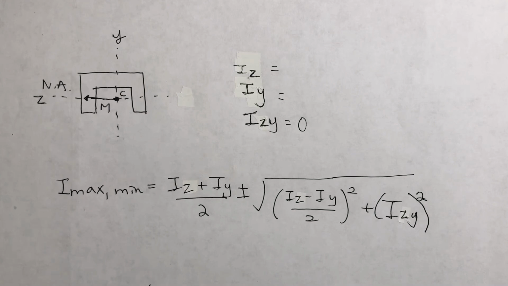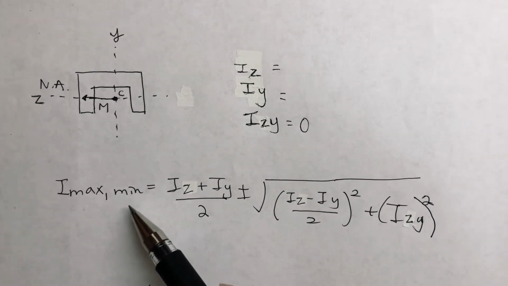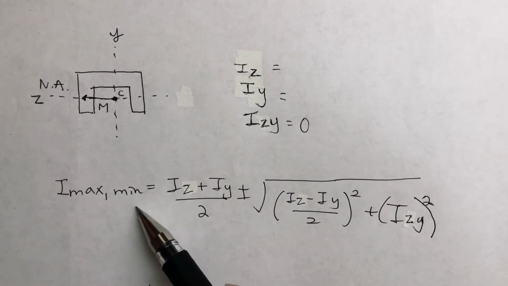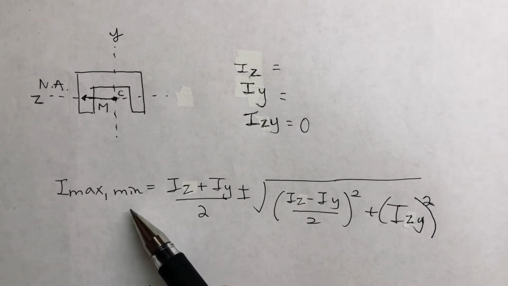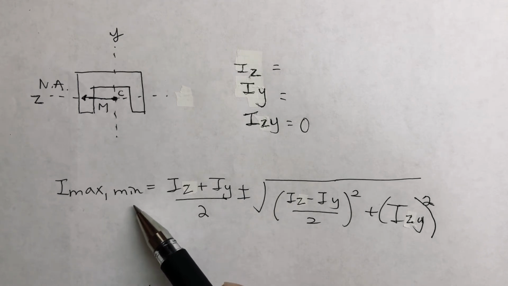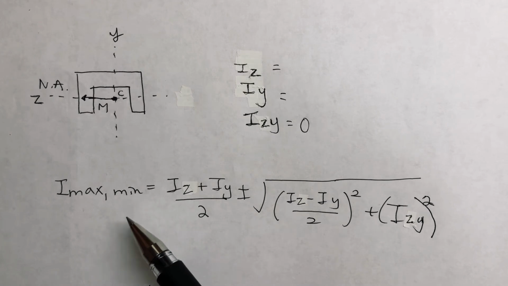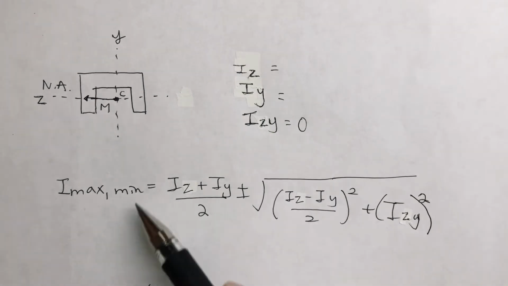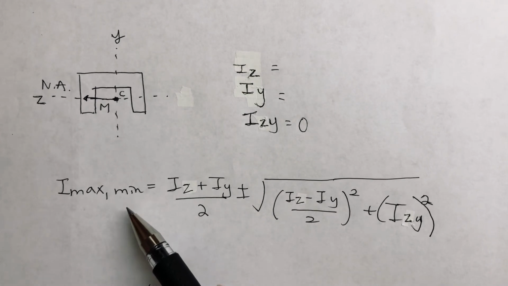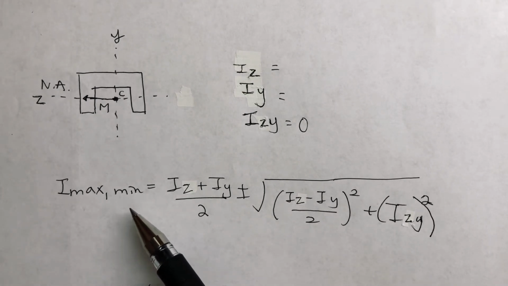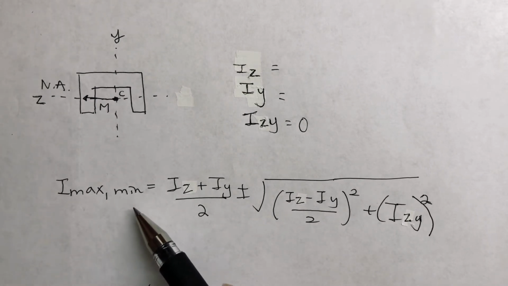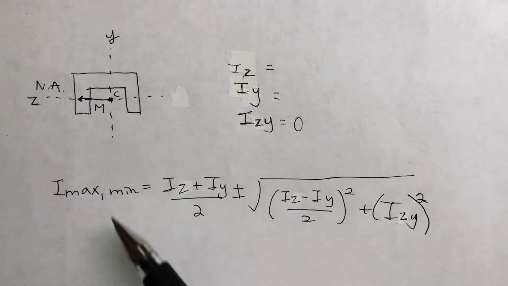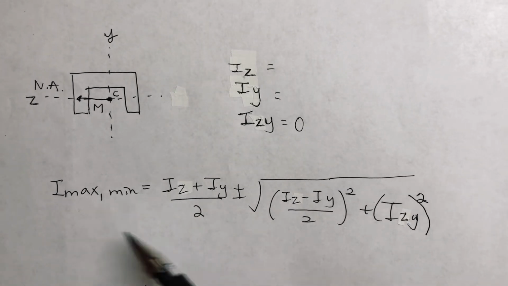Secondly, when you plug it into this equation, you're going to get a maximum and minimum for the moment of inertia. When the product of inertia is 0, then you will attain the maximum and minimum value for a moment of inertia. So how would you find it? Look at this equation.